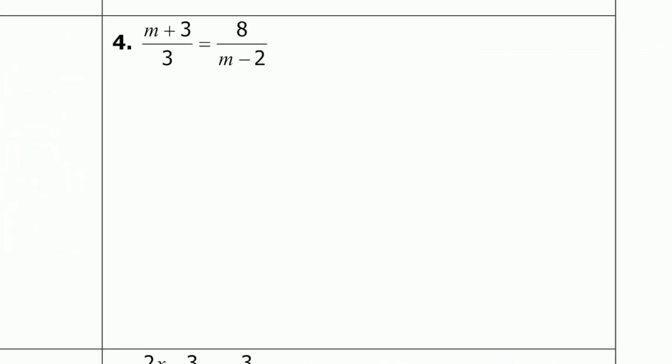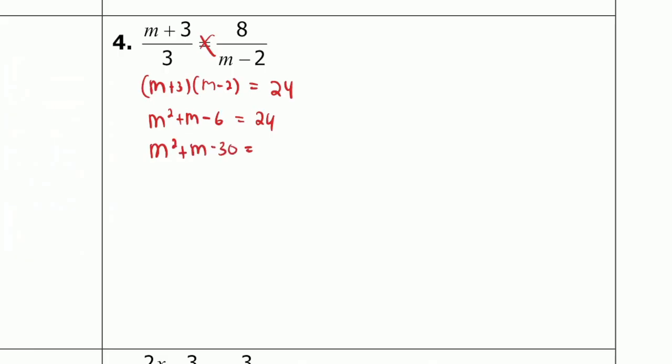Number 4, cross multiply again. So I'll have m plus 3 times m minus 2 is equal to 24. When I multiply those two binomials together, I'll get m squared plus m minus 6 is equal to 24. I subtract 24 from both sides to then get m squared plus m minus 30 is equal to 0.